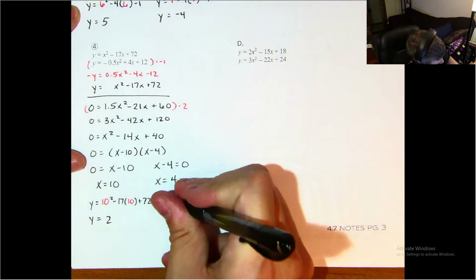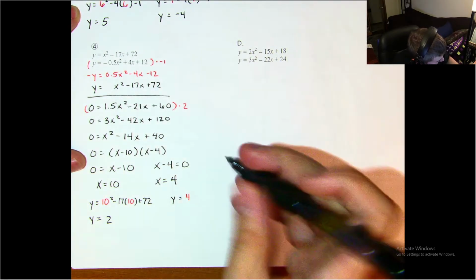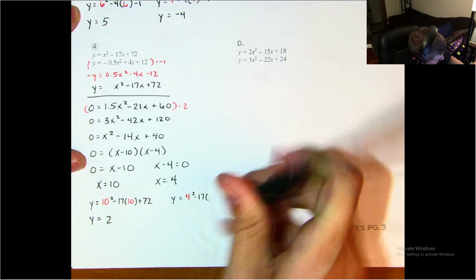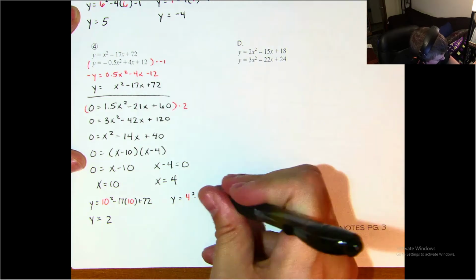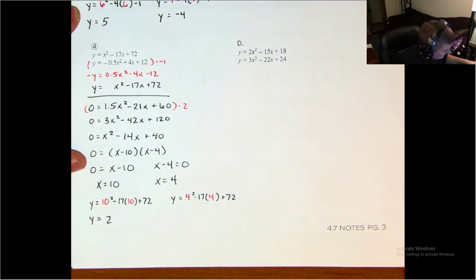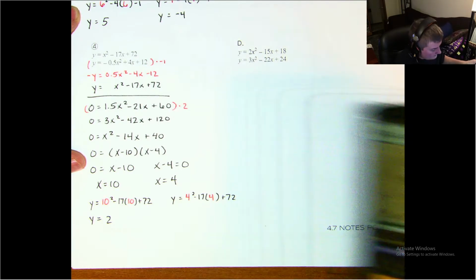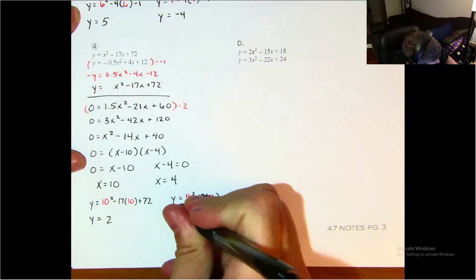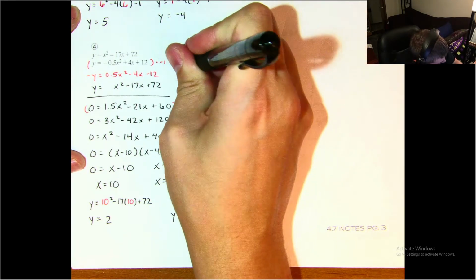And then I'm going to do the exact same thing with 4. So 4 squared minus 17 times 4 plus 72. So that is 20. Okay. So that means our parabolas intersect at 10, 2, as well as at 4, 20.